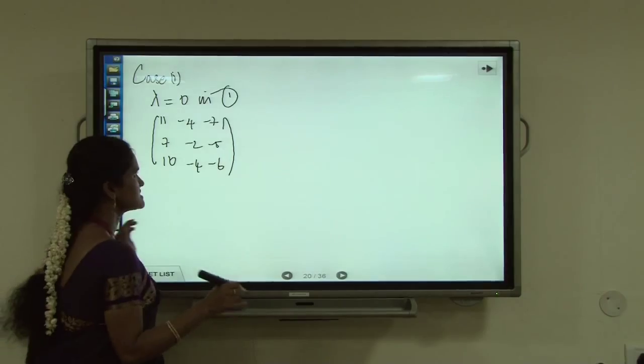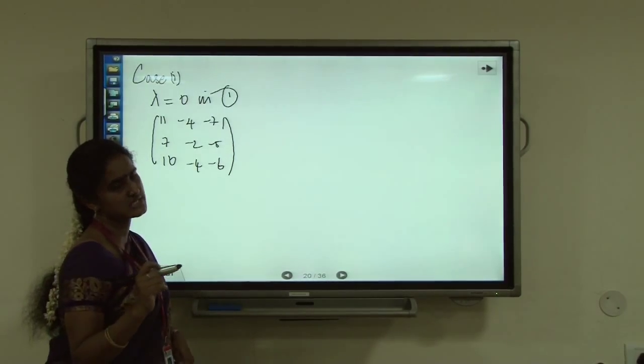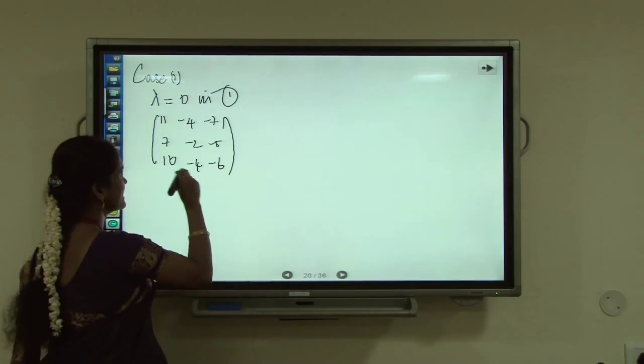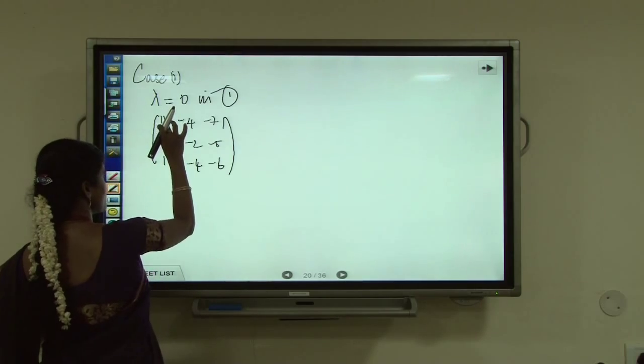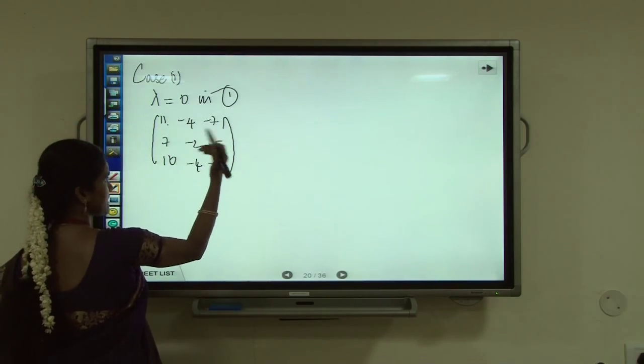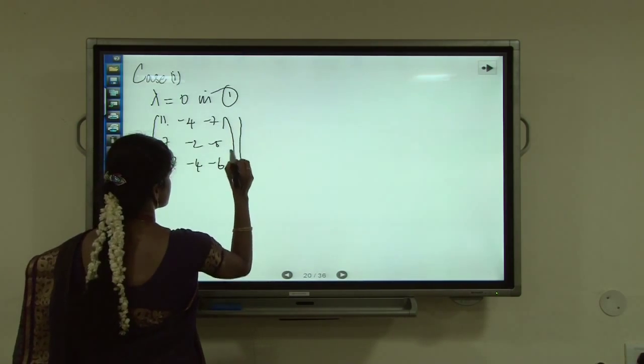Since lambda is equal to 0 here, we get the original matrix A. That's why we made it very easy. By substituting lambda 0 in this place, in this place, in this place, you will get the same matrix A.